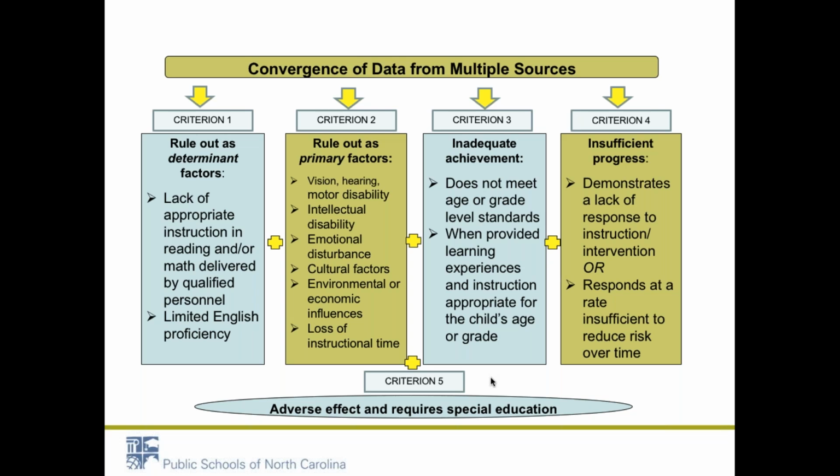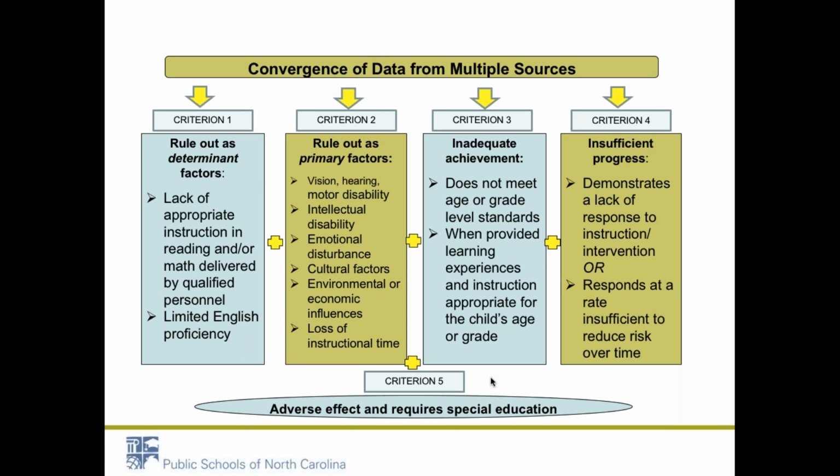The preponderance of data across data sources should indicate inadequate achievement in one of the 8 areas of a specific learning disability. Note that this gap and this criterion no longer includes consideration of the student's intellectual development.